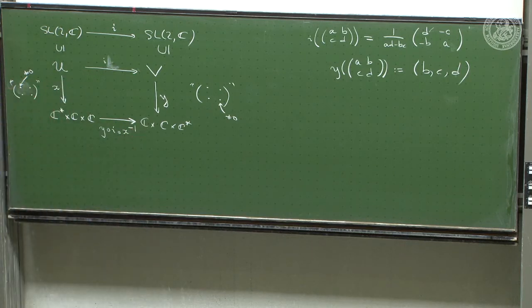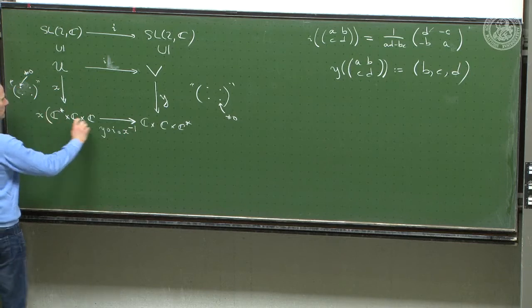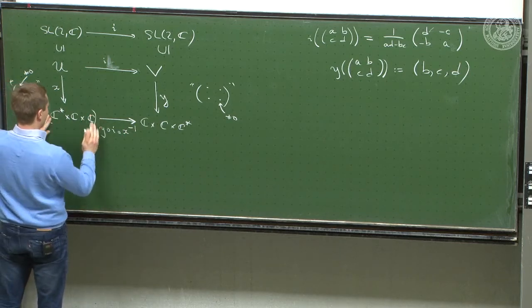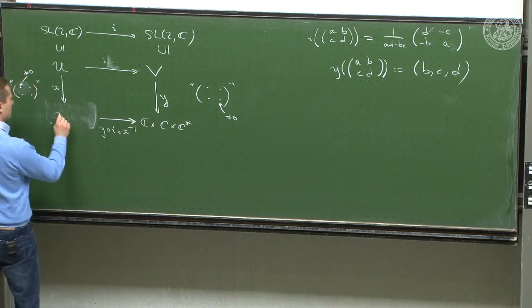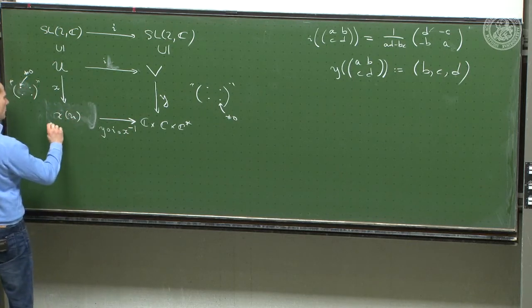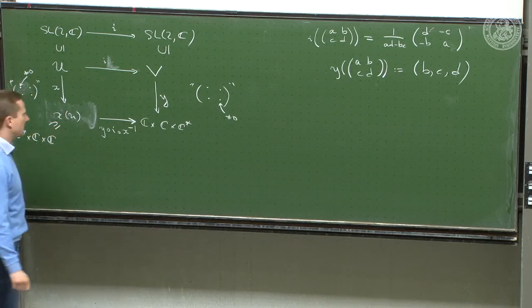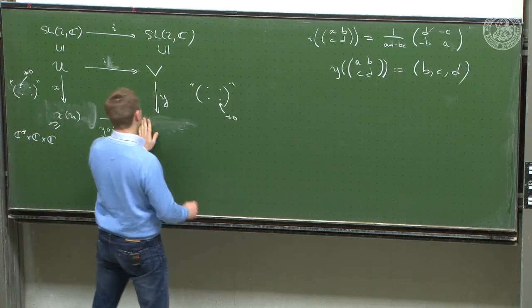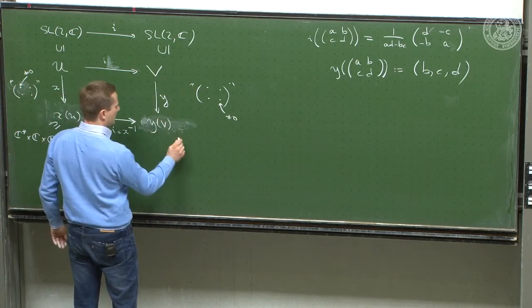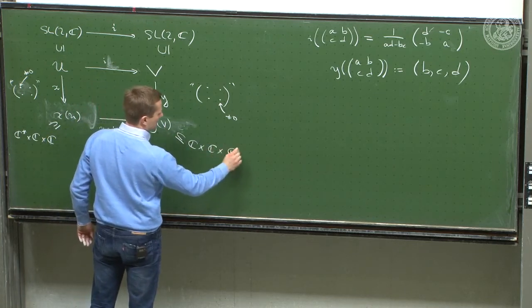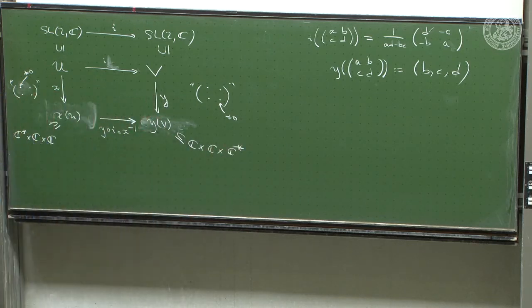Strictly speaking, this of course only goes to the image X of U, which however lies in C star by construction. It lies here. And this goes to Y of V, and that is just part of C, C, C star.